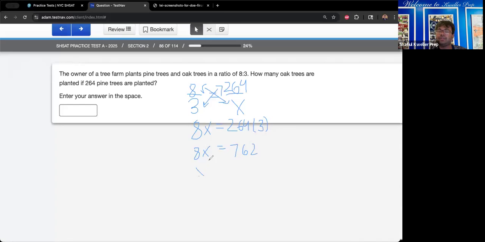Then x is just equal, divide 8 on both sides. So 792 divided by 8 is 99. So the answer should just be 99. Does this make sense to everyone? Again, this one's just a simple ratio, so just set up the ratio and know how to do cross multiplication and then you should be good for this.